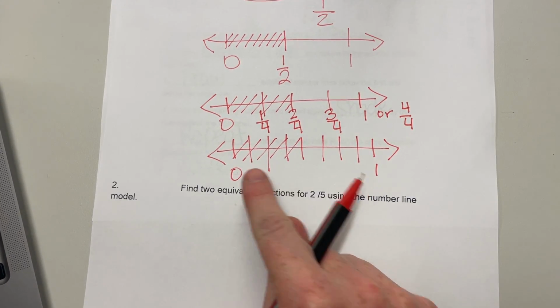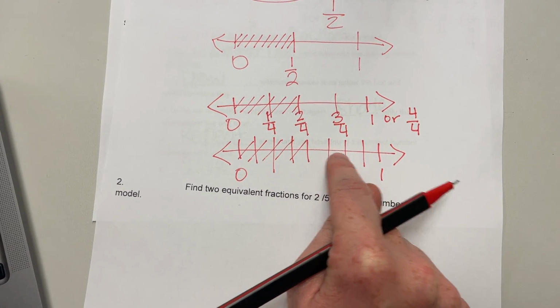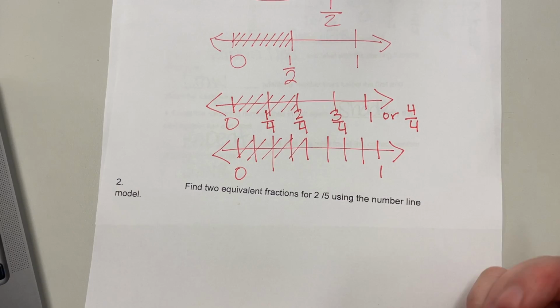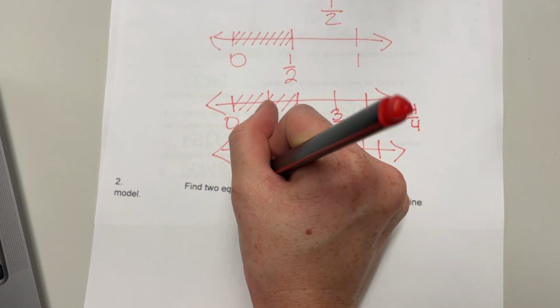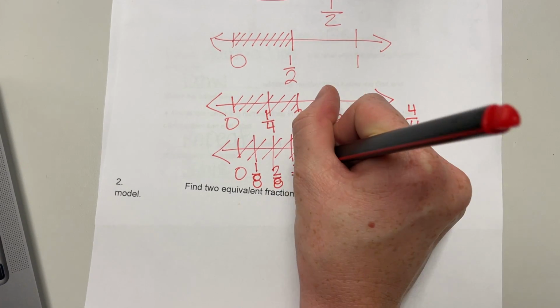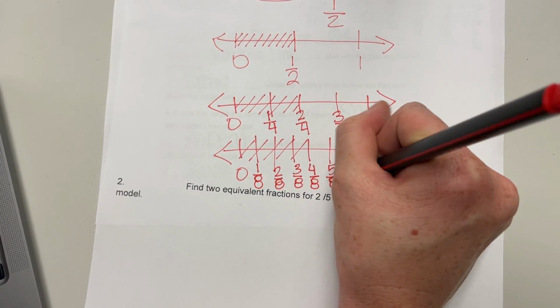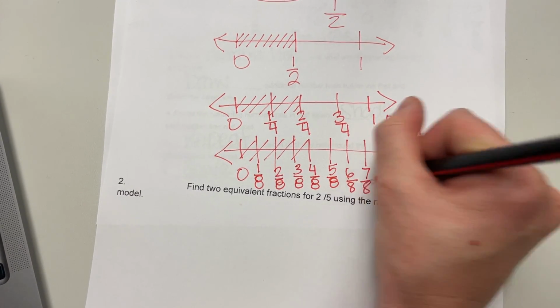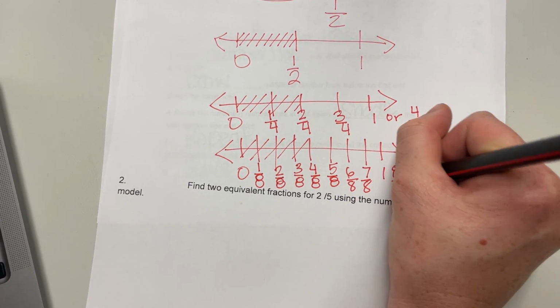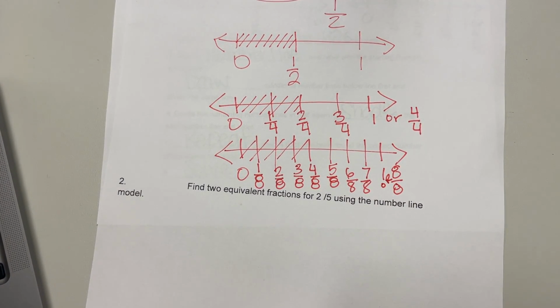And then this one, I have 1, 2, 3, 4, 5, 6, 7, 8 parts. So this is 1/8, 2/8, 3/8, 4/8, 5/8, 6/8, 7/8, and then 8/8, 1 or 8/8.